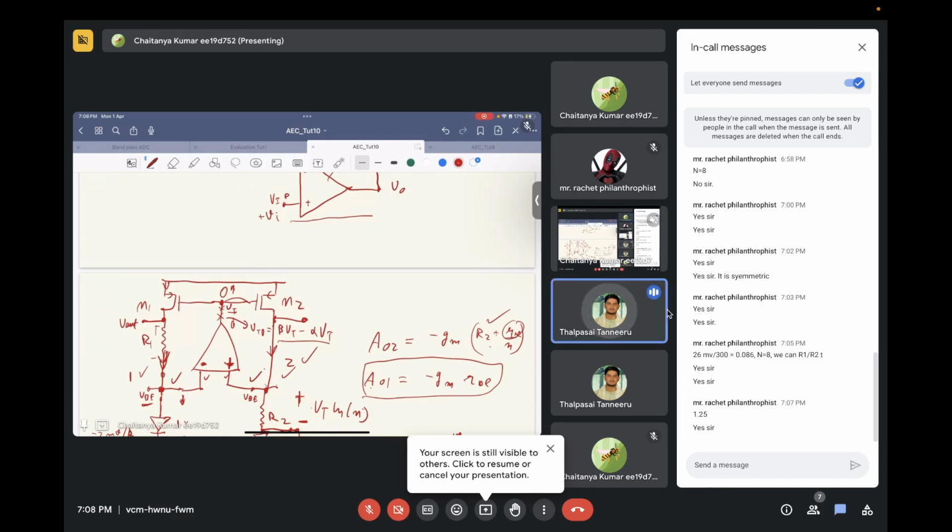Sir, first the R2 value should be fixed, right? Yes, R2 should be fixed based on the maximum feasible resistance available in your technology, and then once that is fixed, you can choose the value of R1 based on the ratio that you require.